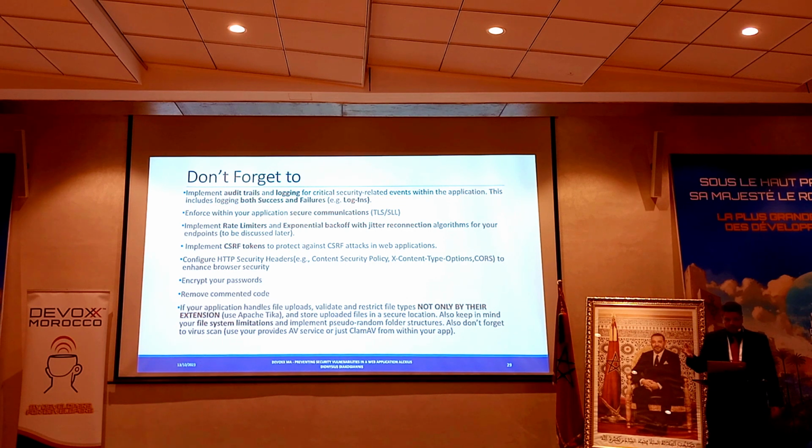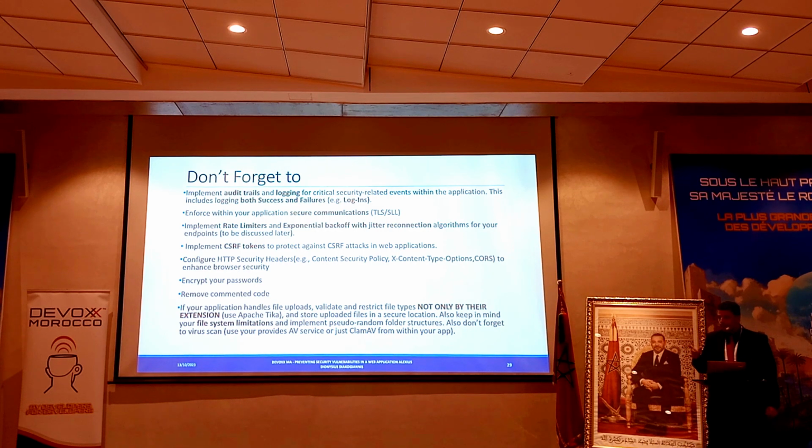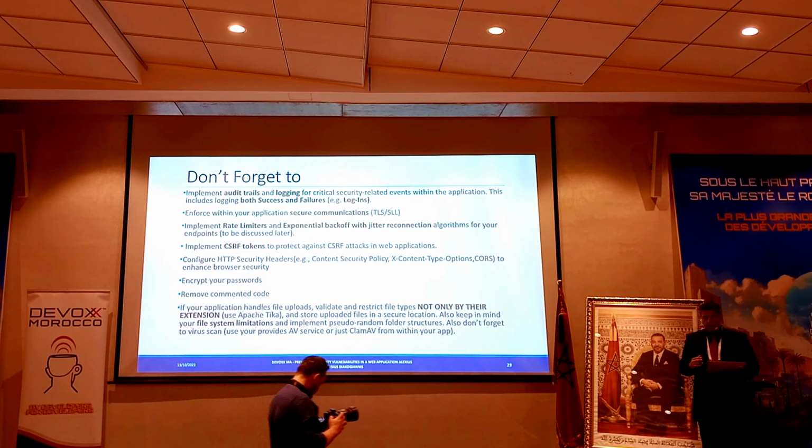CSRF tokens, security headers, of course, and remove commented code because it may include stuff that can expose sensitive information. And if your application handles file uploads, don't validate them by just using their extensions. There are libraries out there like Apache Tika that can help you. And always store them in a secure location.